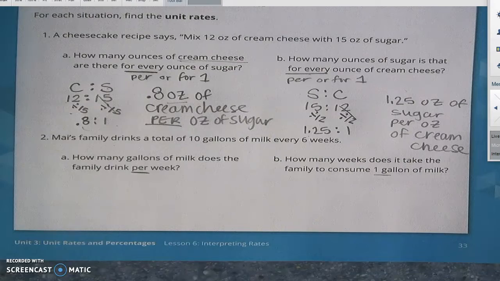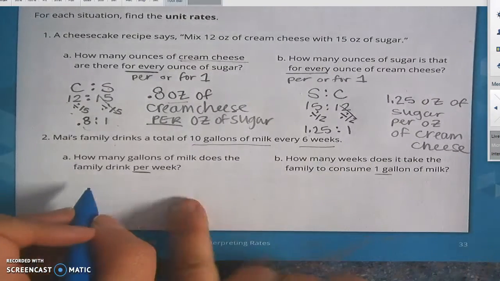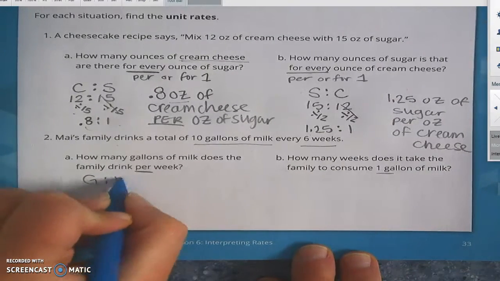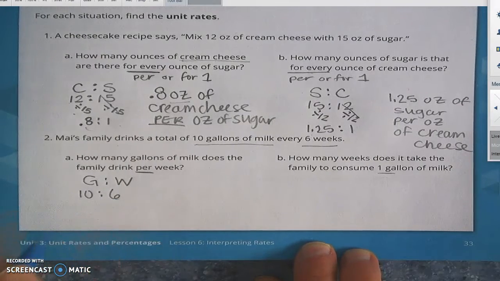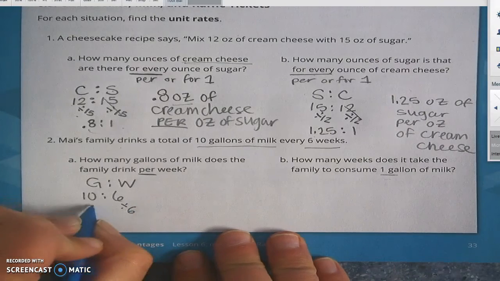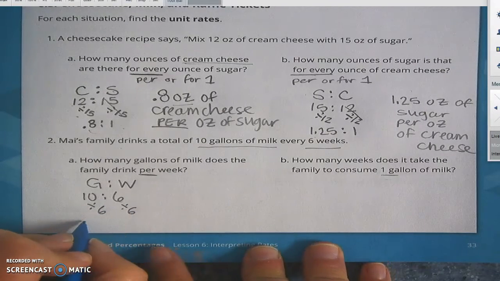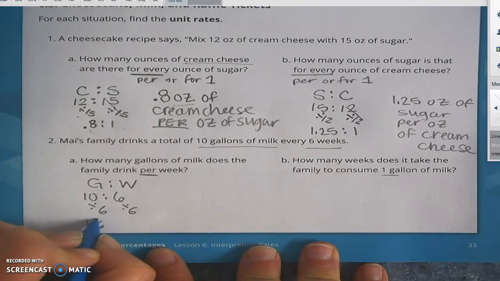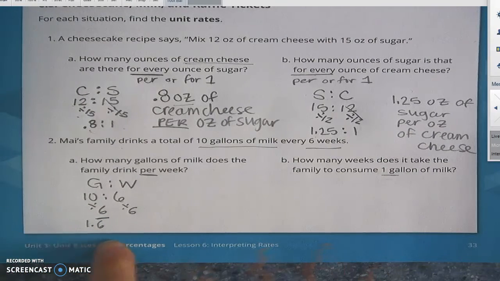And welcome back. So we knew it was 10 gallons, 6 weeks. And here I want per week. So I'm going to do gallons to weeks. So that's 10 to 6. But I want to find for 1 week. So I'm going to divide both of my numbers by 6. So 10 divided by 6 gives me this crazy decimal, 1.66666. And the way that we actually write that 6 goes on forever is with a little line over it.